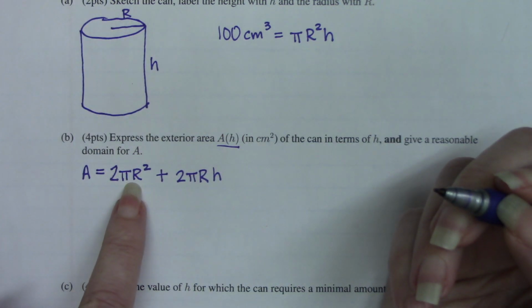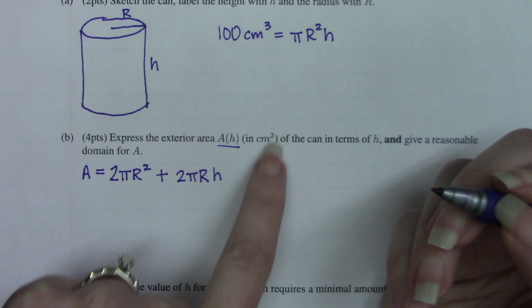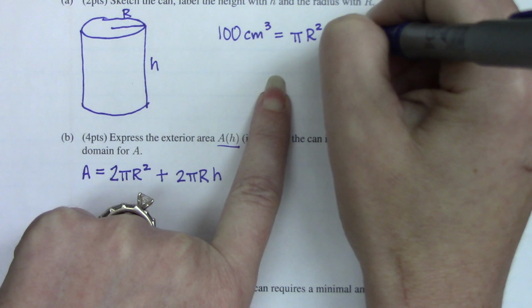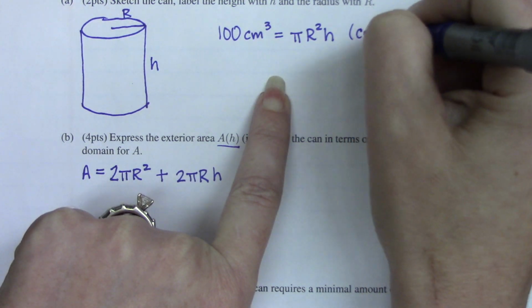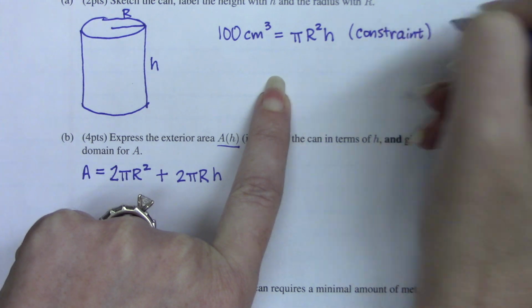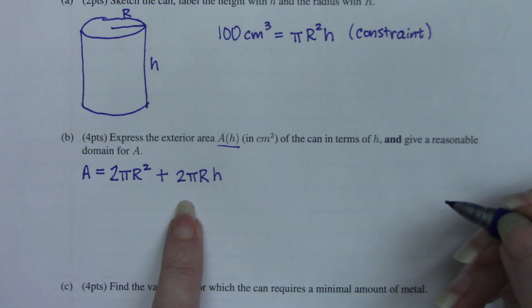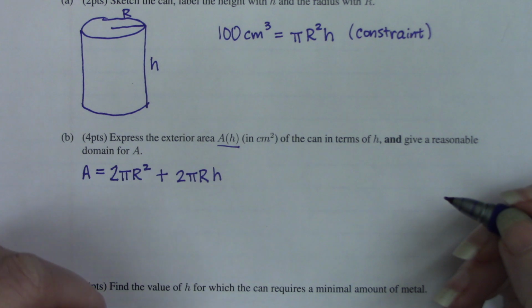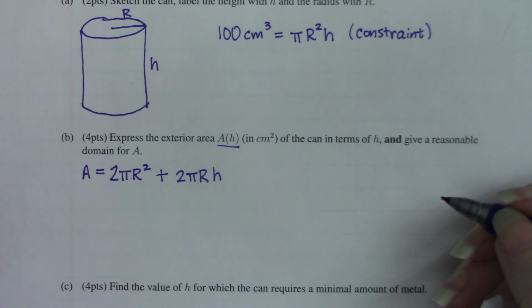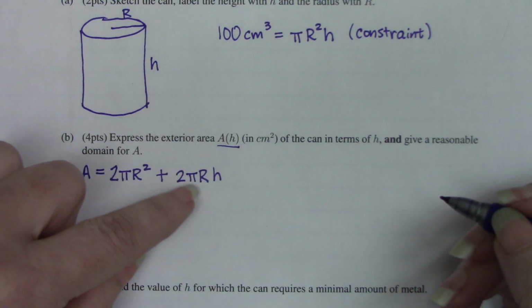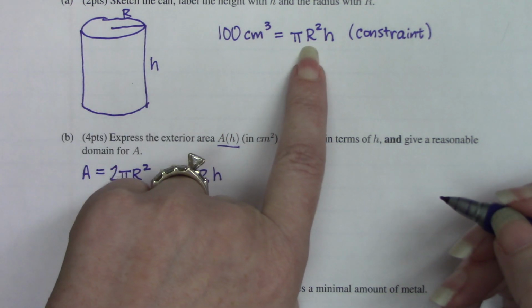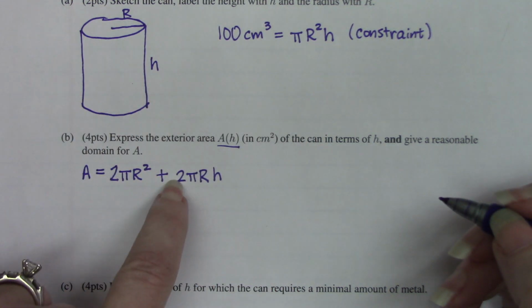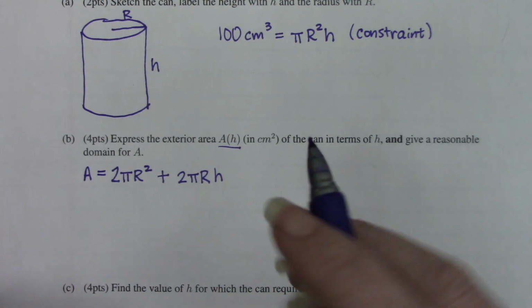So this means we need to eliminate variable r. This is where your constraint equation will help. What you want to do algebraically is solve for the variable that you want to eliminate. So if we want to eliminate r, that means solve this for r, so that when we plug it in down here, we have only h's.